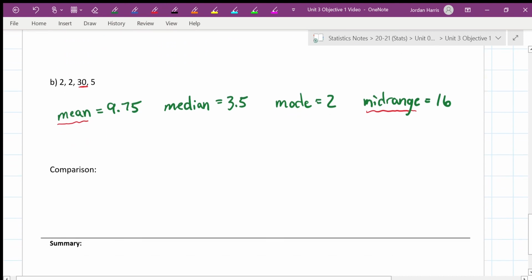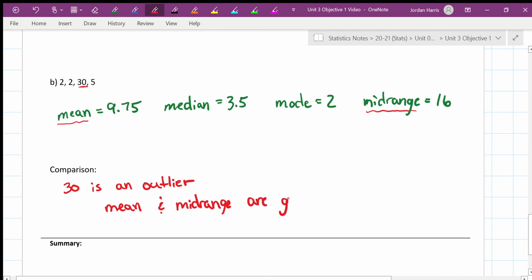All right. So when we compare them, we notice that 30 is an outlier. First of all, you need to understand that. It doesn't match up with the rest of the data points. Okay. And that the mean and mid-range are greatly affected by outliers.